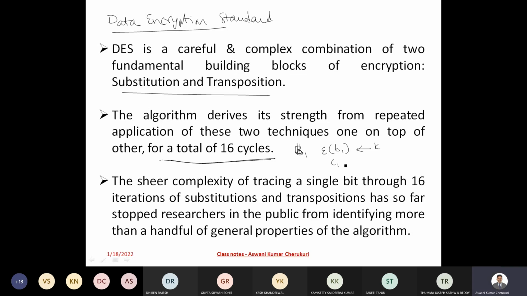It's not that you stop with that. Again, you apply the key, get another ciphertext. Again, you apply the key, you get another ciphertext. Proceed like this for a total of 16 cycles of operations. 16 cycles of what operations? Both your substitution and transposition. That made this algorithm more robust and the first commercially deployed algorithm. Are you able to follow?